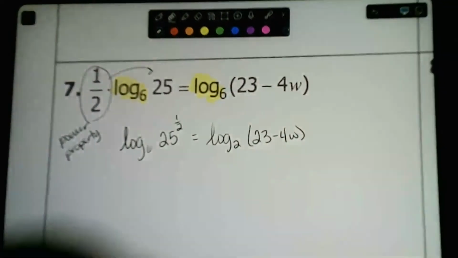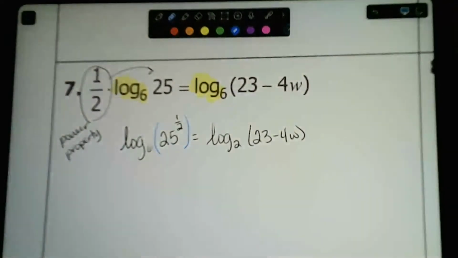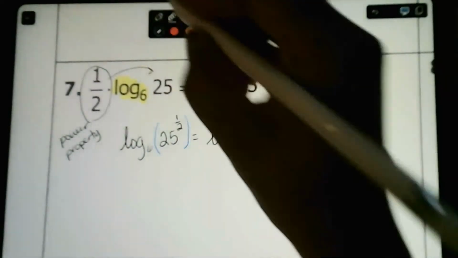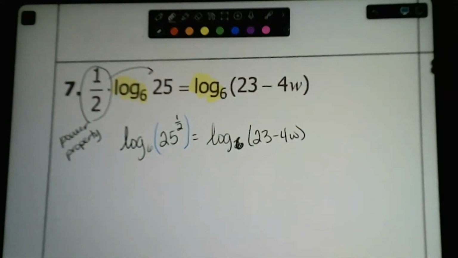Now, from a notation standpoint, this has kind of invisible parentheses on it, and that's why we're affecting the thing inside the logarithm. Sorry, I typoed. That's supposed to be a 6, not a 2.